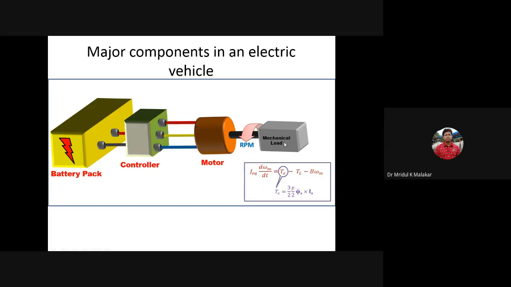Now what is this? The mechanical load means I know the system dynamics, so if it is a known quantity, I can predict the load and accordingly give the input. But if I don't predict this mechanical load, what will happen? For example, in industry you have a drilling machine.